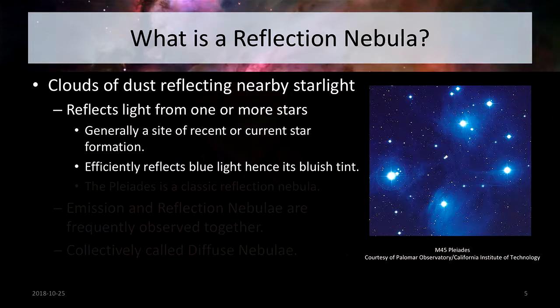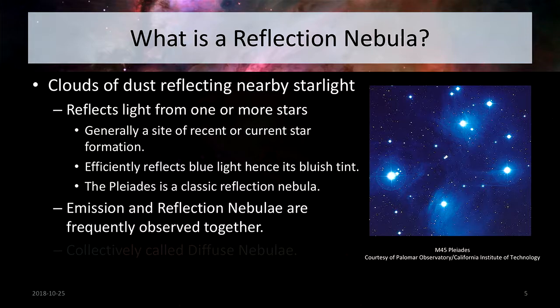We see red towards a sunset because a lot of that blue light has been filtered out by the atmosphere. It's been scattered. So, in a similar fashion here, with a reflection nebula you see a lot of blue light reflected, but if you were to look through it from the other side, you might see a bit more of a reddish hue to those stars.